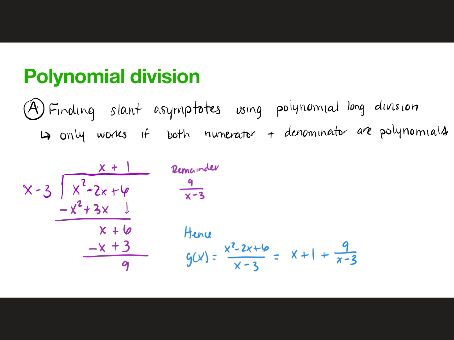And this isn't super formal, but we can look at this and say, okay, as x goes to positive infinity, and we take the limit at infinity of g of x, we will see that it looks like this line x plus 1, because this 9 divided by x minus 3, as x gets really, really large, is going to get really, really small. And so our function is going to get really, really close to this linear function.